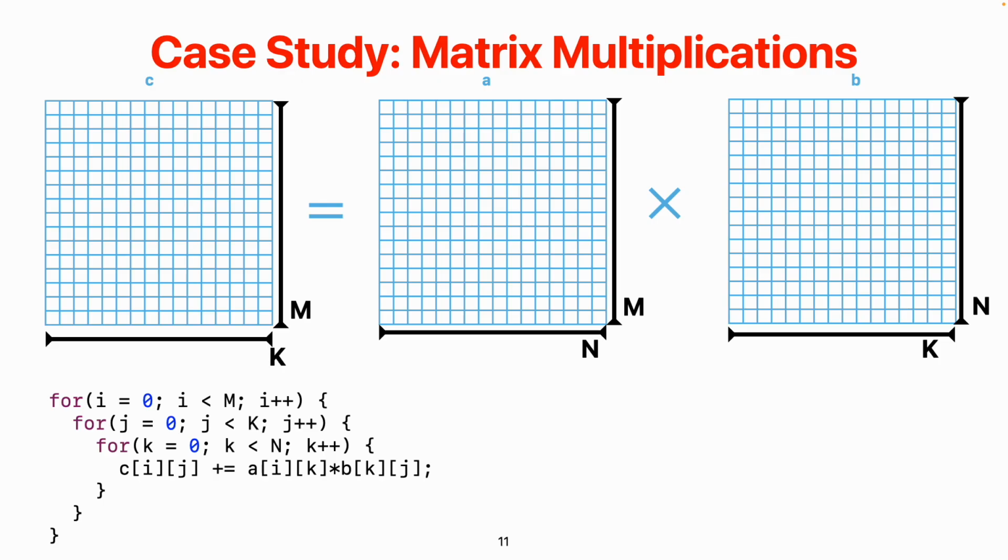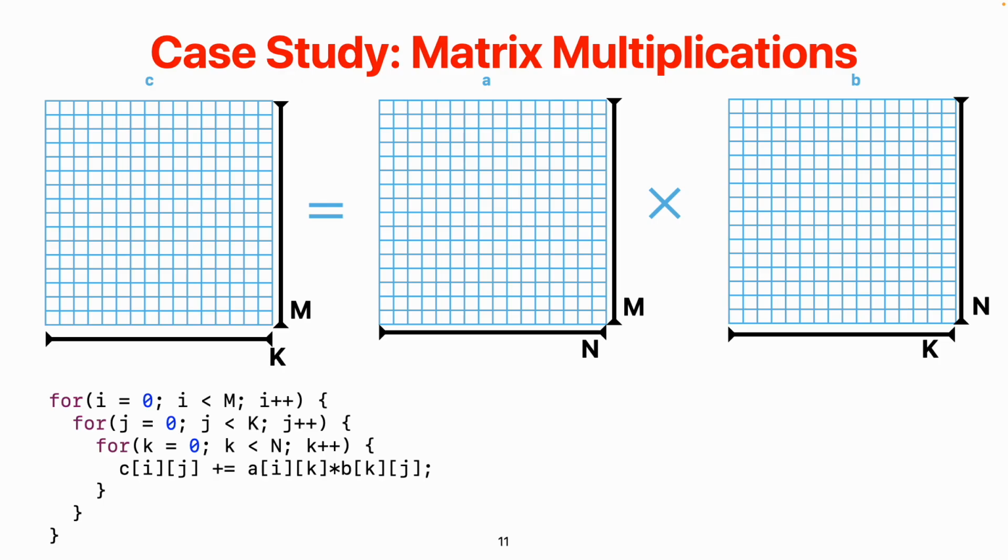I traverse each pair by multiplying a row from A with a column from B, and then the vector dot product result goes into the corresponding cell in C. That's the idea.